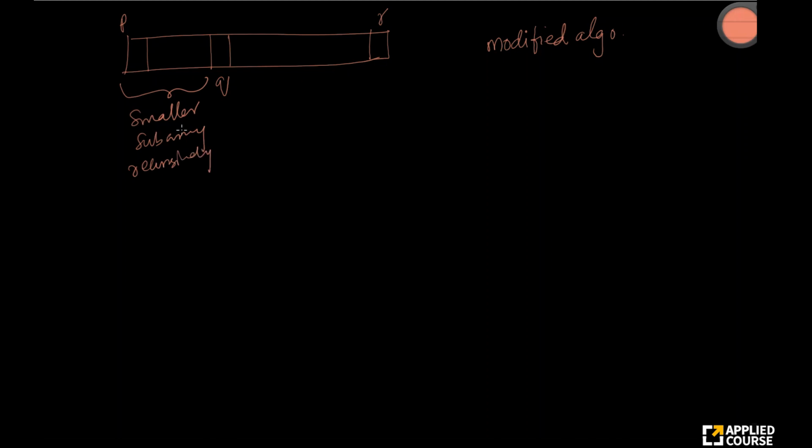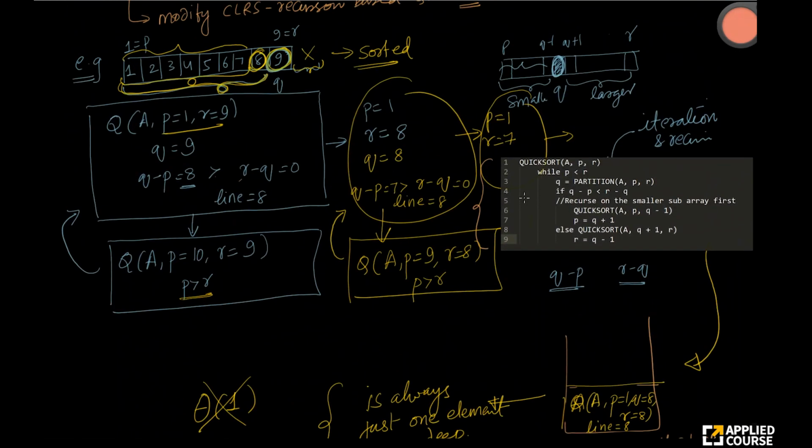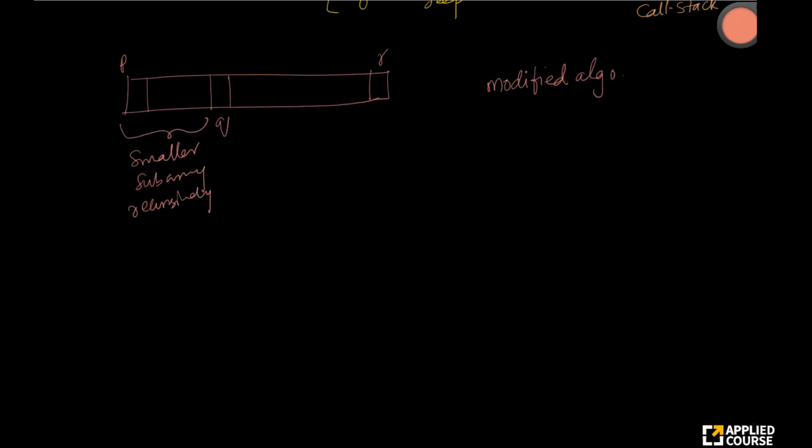Once the smaller subarray is recursively processed, it goes to the actual function that called it, because of this while loop structure. This is the first step.